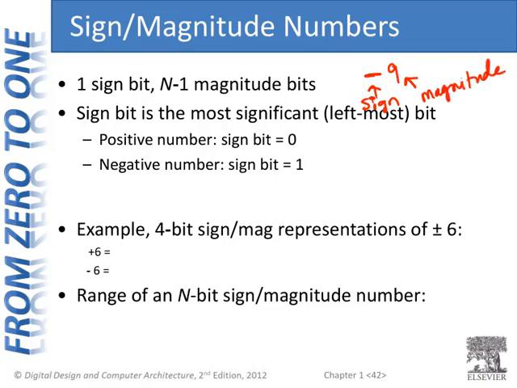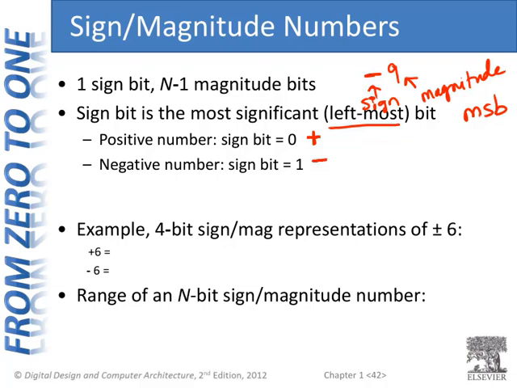So in this case, for 9, we need at least 4 bits to represent the magnitude and a sign bit. For the sign bit, we use the most significant, or the leftmost bit, the most significant bit, MSB. And we use 0 for positive and 1 for negative.